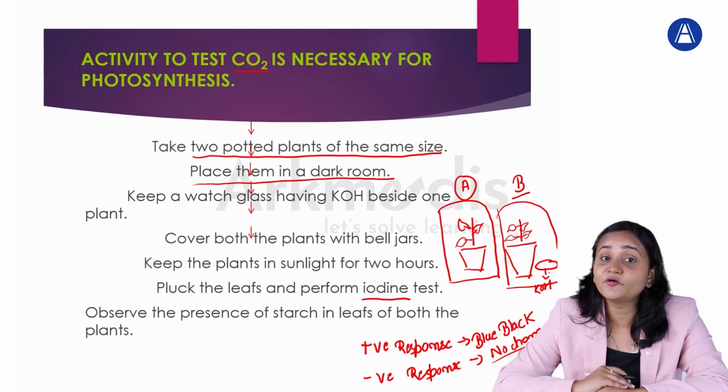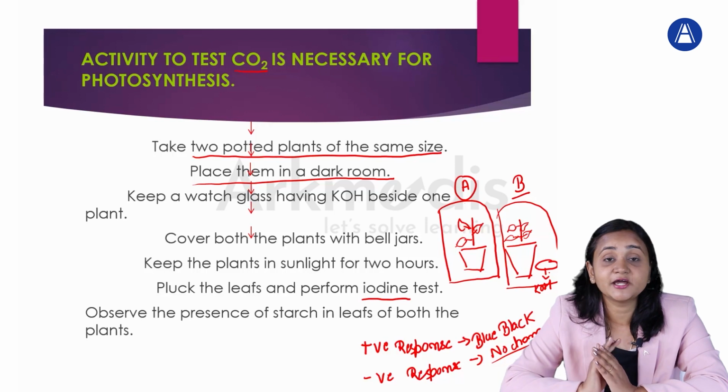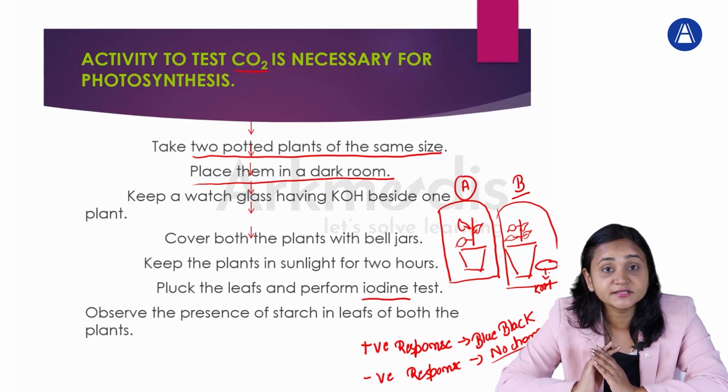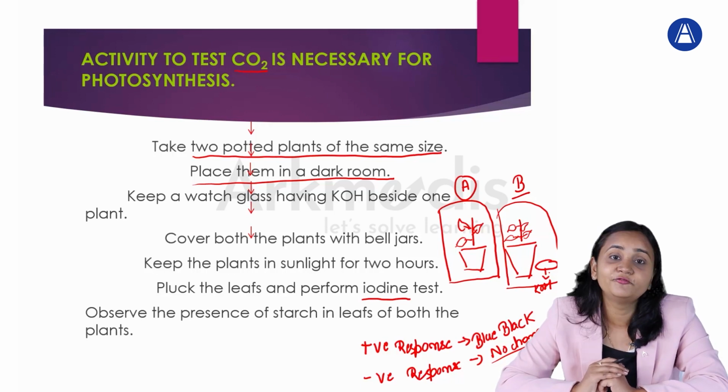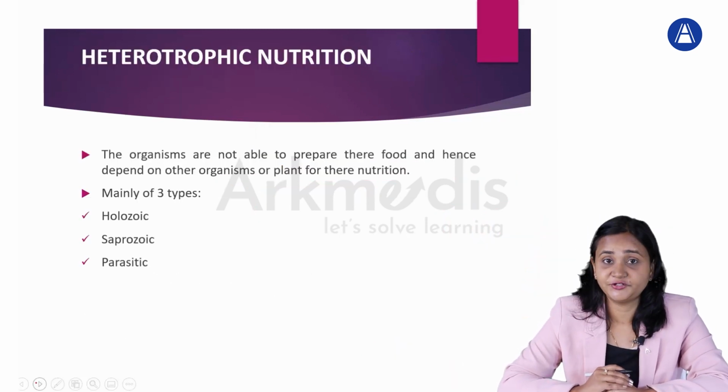So, by performing this activity, you can make out how carbon dioxide is required for this important process of photosynthesis. This was about autotrophic nutrition.